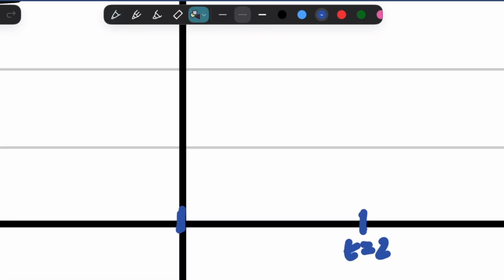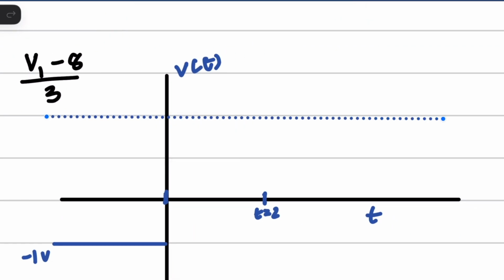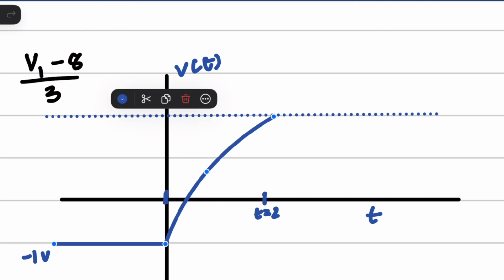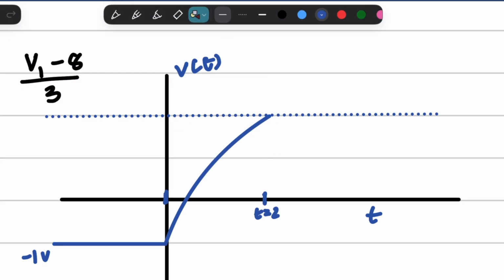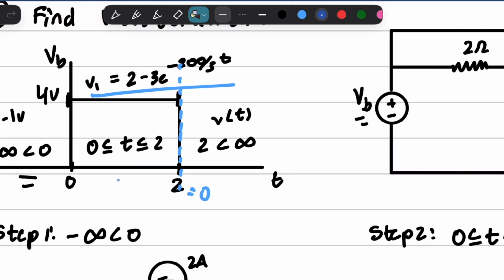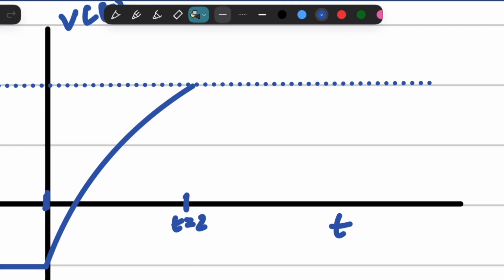So we are going to have asymptotic behavior at t equals 2, and we are going to go up like this, and then we're going to taper down. But at t equals 2, someone flipped the switch on our voltage source, and now we have nothing. We have no voltage. Someone completely cut our power off.